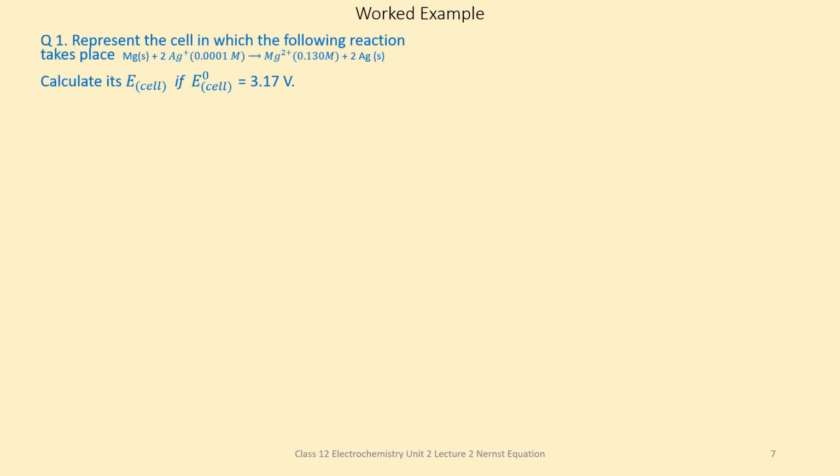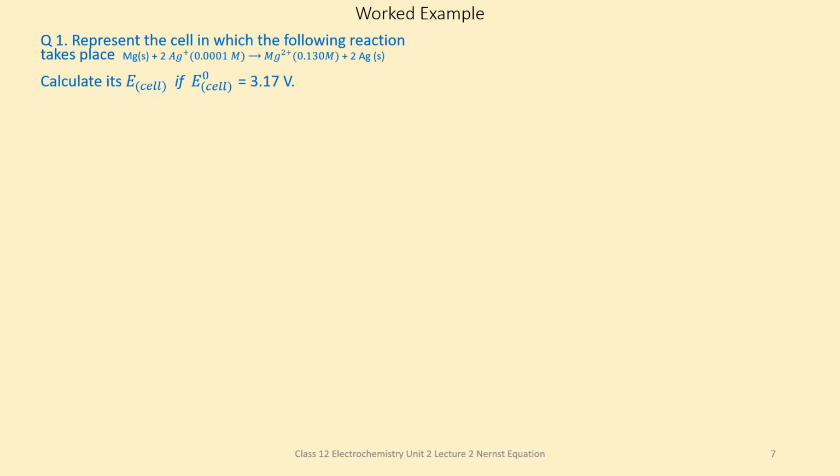We'll work out some examples. Question number 1. Represent the cell in which the following reaction takes place: Mg plus 2Ag+ react to form Mg2+ plus 2Ag. Here, calculate its E cell if E naught cell equals 3.17 volts.